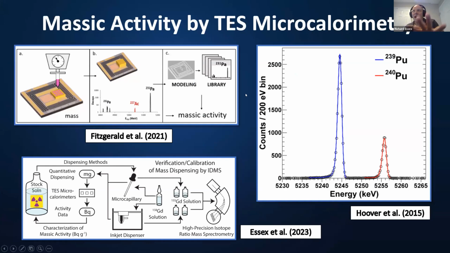So the driver for this is that at NIST, we're working on developing a microcalorimetry measurement technique for activity, and specifically at NIST, we're looking to do massic activity measurements, essentially the activity per gram of solution, per gram of material.